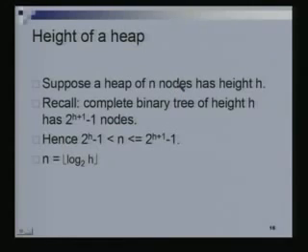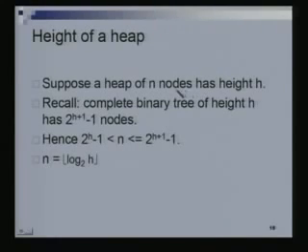What is the height of a heap? Suppose I give you a heap on n nodes, what is its height going to be? Recall our discussion on binary trees. If you have a complete binary tree of height h, then it has exactly 2 to the h plus 1 minus 1 nodes.